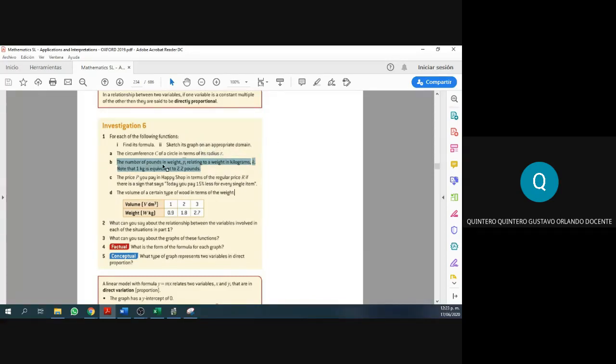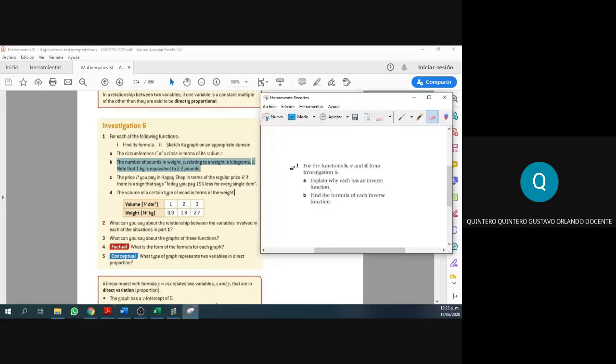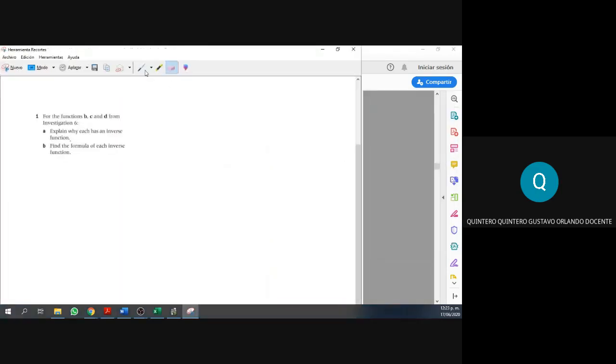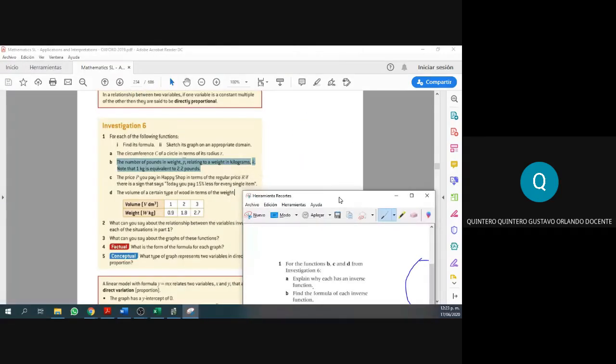The number of pounds in weight, P, is related to weight in kilograms, K. If we were to do a drawing of this, we have something like this. One circle and then another circle. In the first circle we have pounds, and in the other, kilograms.